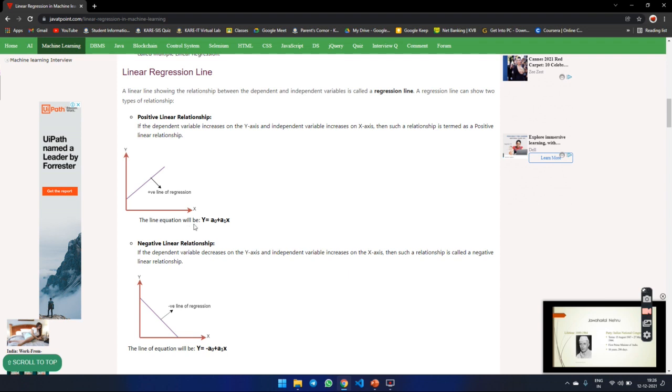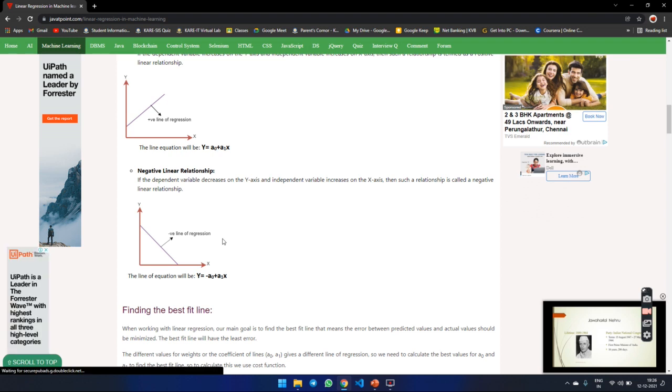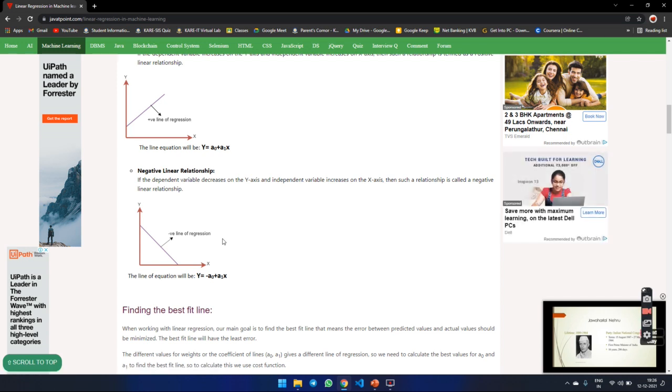The line is explained as y = a0 + a1 x. Negative linear regression: if the dependent variable decreases on the y-axis while the independent variable increases on the x-axis, such a relationship is called a negative linear relationship. This is a diagram for better understanding.